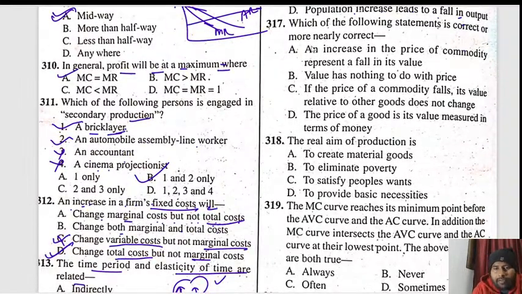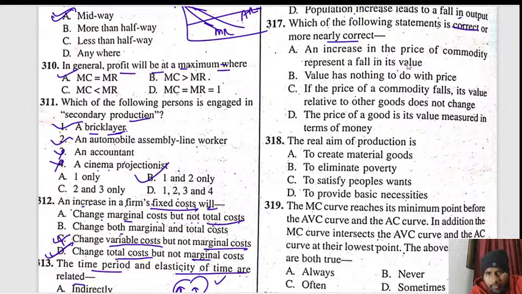Moving ahead to question number 317. It is saying which of the following statements is correct or more nearly correct. An increase in price of a commodity represents a fall in its value.